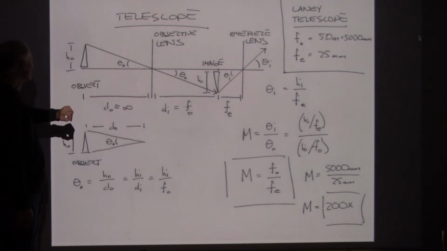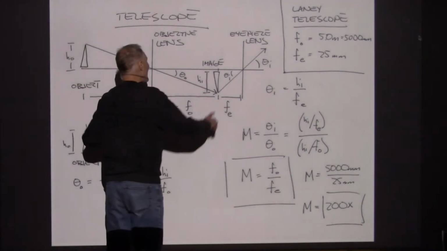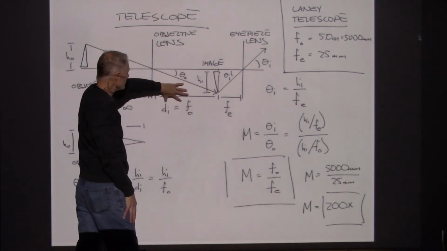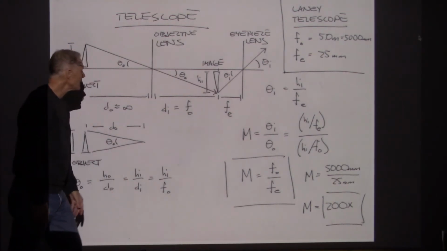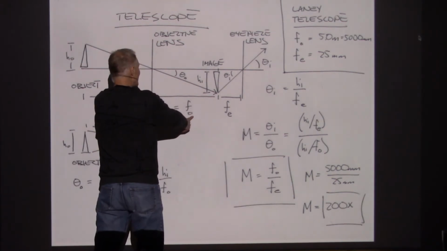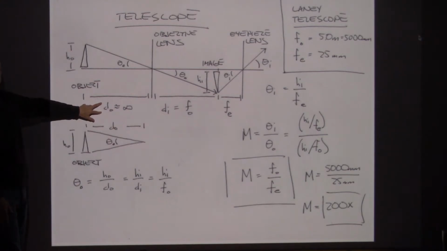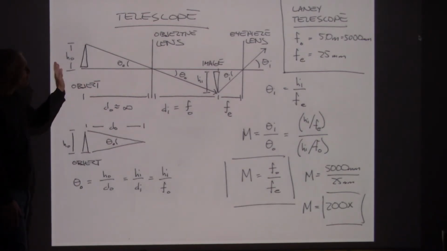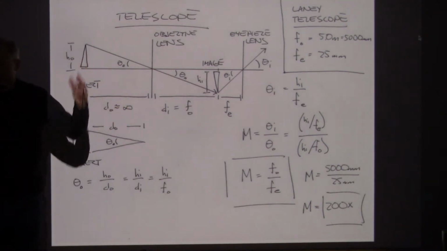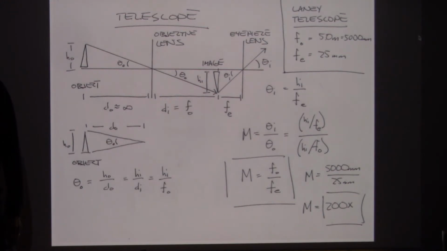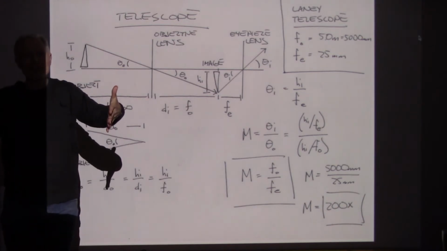Now if I look at my diagram, HO over DO is the same thing as HI over DI, and then DI is going to equal the focal length because the object distance is basically infinitely large. DO is so much bigger than DI, right? DO is like hundreds of millions of kilometers, and DI is like 30 centimeters, something like that.